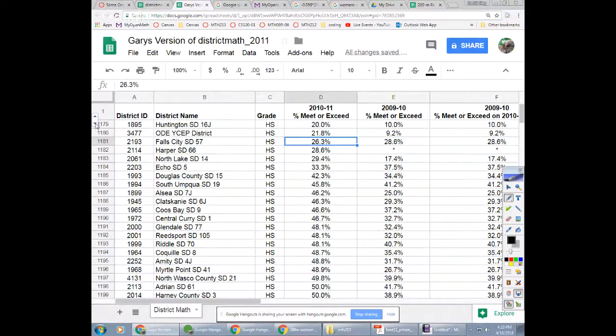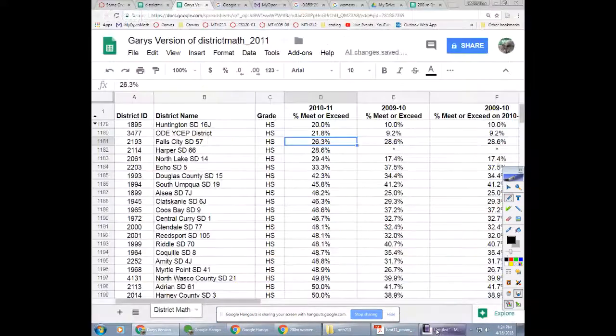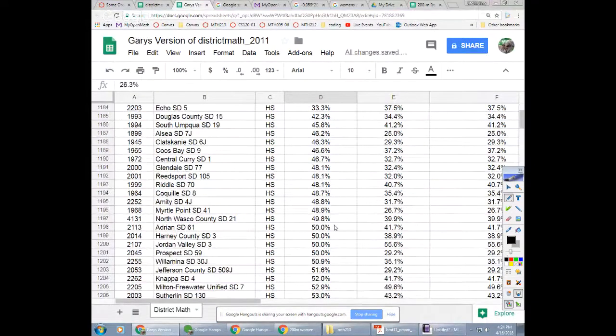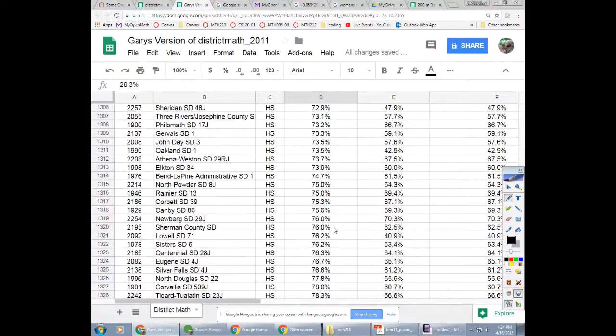What did I do there? Look at that later. All but 2 of the schools were above 26. And what was our max? 104. Everybody's below that, right? So let's get a count. How many data items do I have here? Down here.